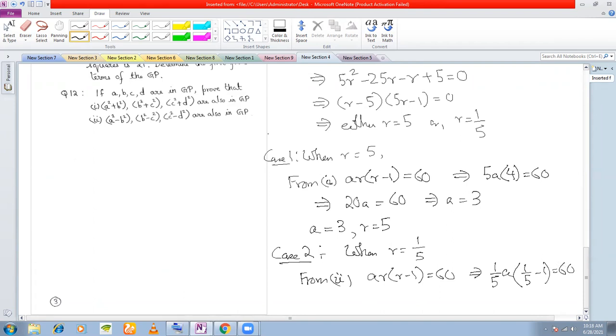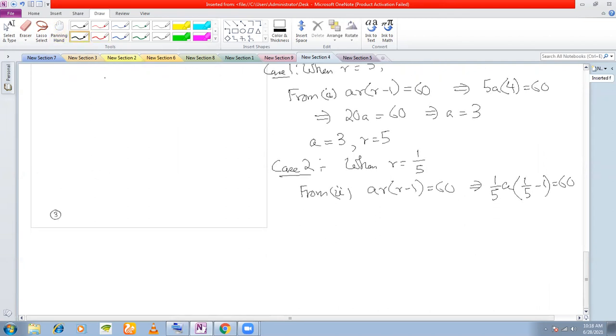Take the LCM, you get minus 4a by 25 is equal to 60. That means a is equal to minus 375. So in this case, the first term a is minus 375 and the common ratio is 1 by 5.